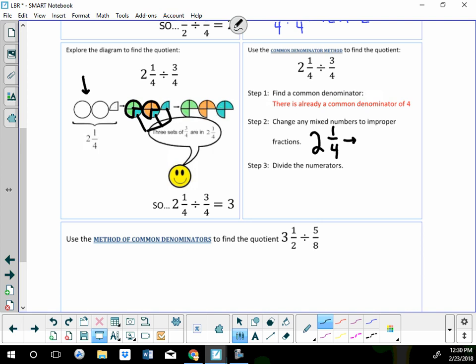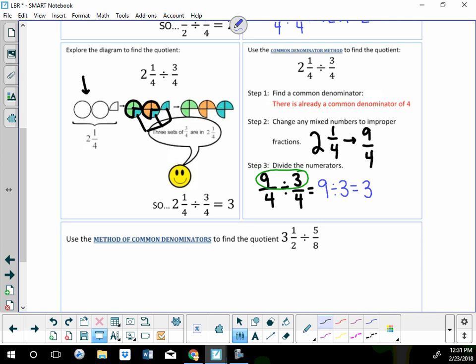Because there's 4/4 in each whole, so we would have 9/4, okay? So we have 9/4, okay, that's equivalent to 2 1/4, divided into pieces that are the size of 3/4, okay? Divide our numerators here, and we have 9 divided by 3, and that is equal to 3.